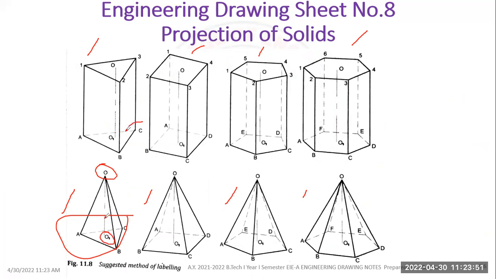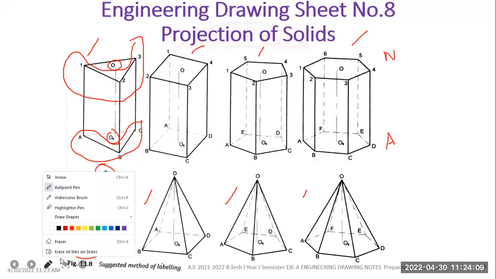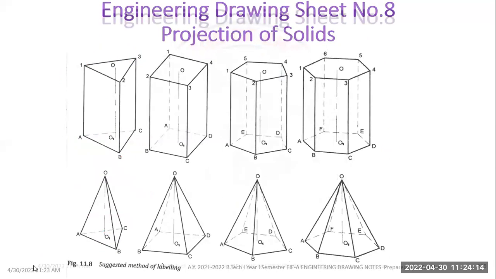Similarly, bottom should be alphabets, the bottom of the axis should be O1, the top of the axis should be O, and at the top you have to write the numbers. Don't write alphabets, and don't reverse the order. Here I have to write alphabets, here I have to write numbers. You have to remember these things while giving the labeling correctly. Then only you can expect full marks in the exam.